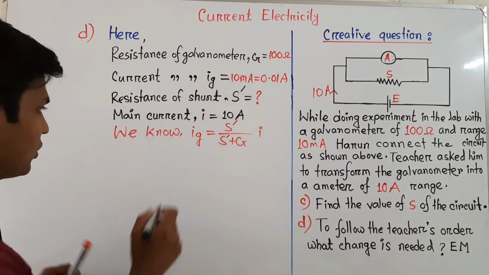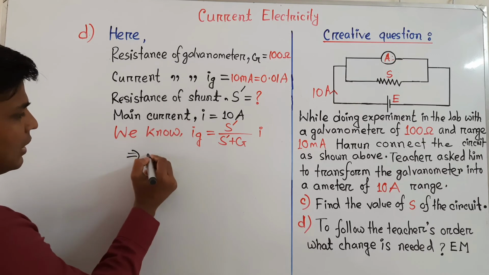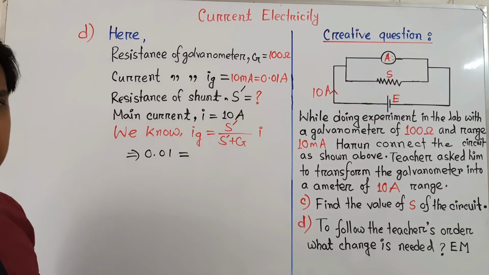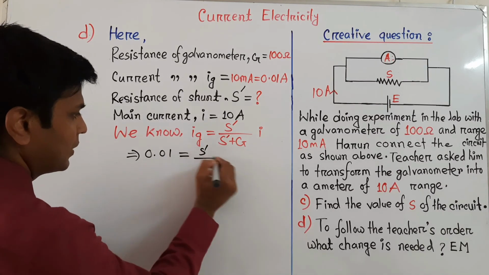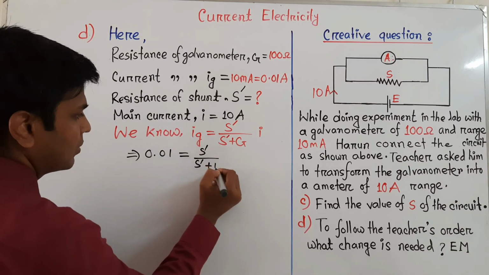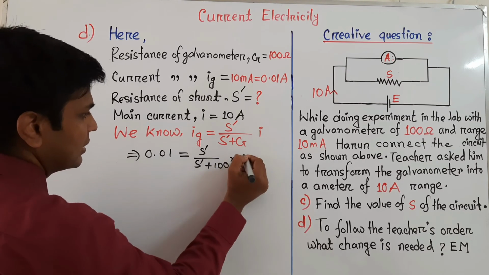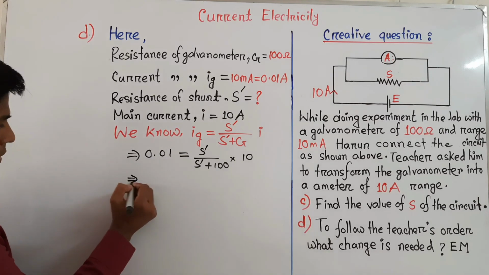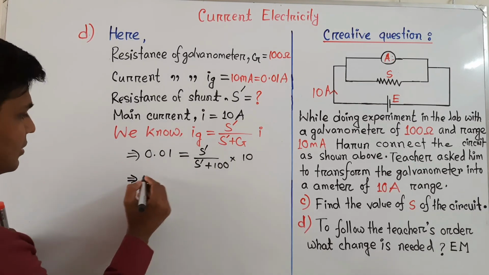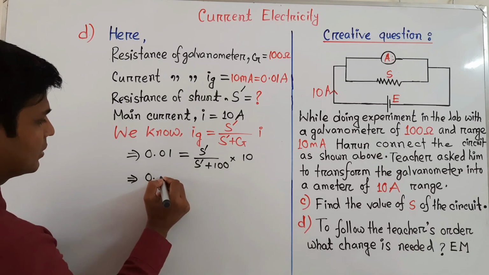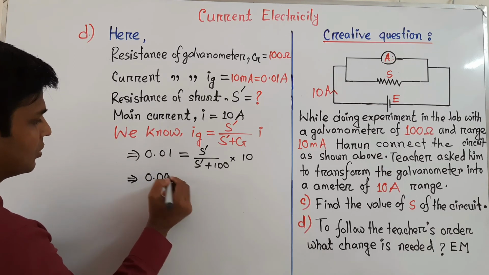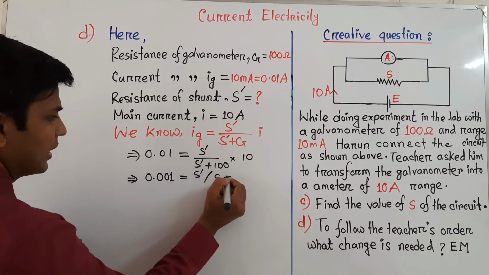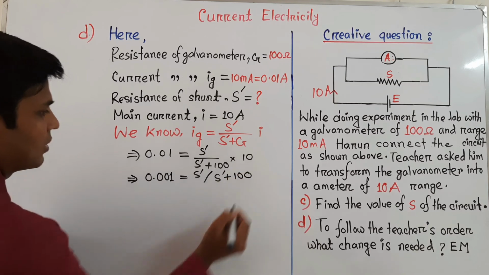Now if we put the value of Ig, which is 0.01, then S prime divided by S prime plus 100, and the main current is 10. So if we divide this, we will get the answer 0.001 equals S prime upon S prime plus 100.